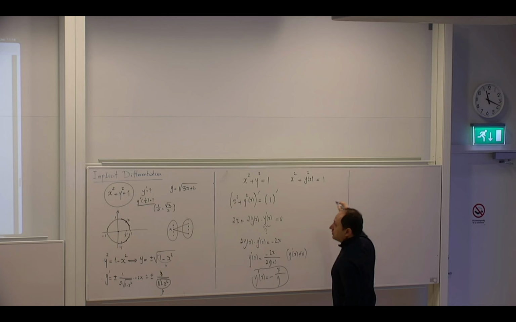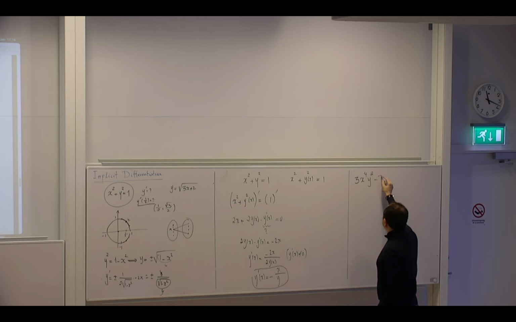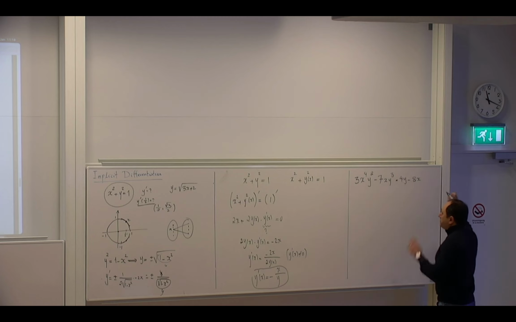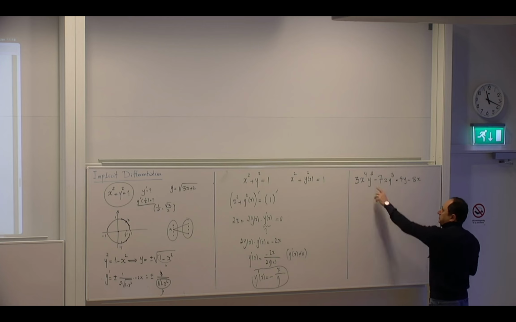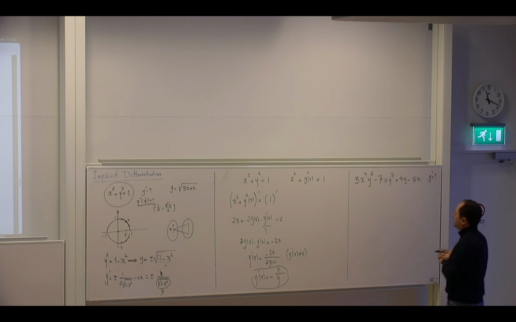Okay, so 3x to the power 4 times y squared minus 7x y cubed, and then it's equal to 4y minus 8x. So remember, if you are having trouble, rewrite it by writing y of x. But remember, always, if they say find y prime, they mean that y is the dependent variable, x is independent. So they are asking about the derivative of y.